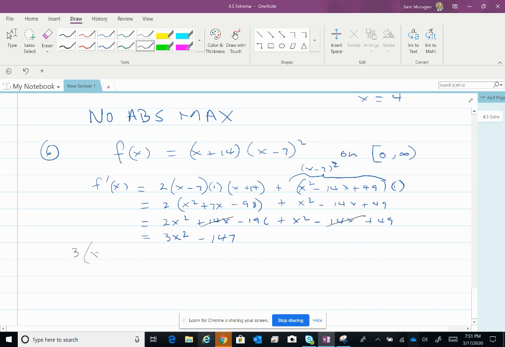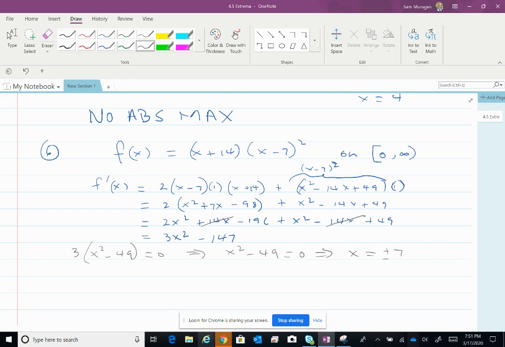So 3 into x squared minus 49 equal to 0. And right there we can see the difference of squares. So x squared minus 49 is equal to 0. So x is equal to plus or minus 7. And those are the critical numbers.